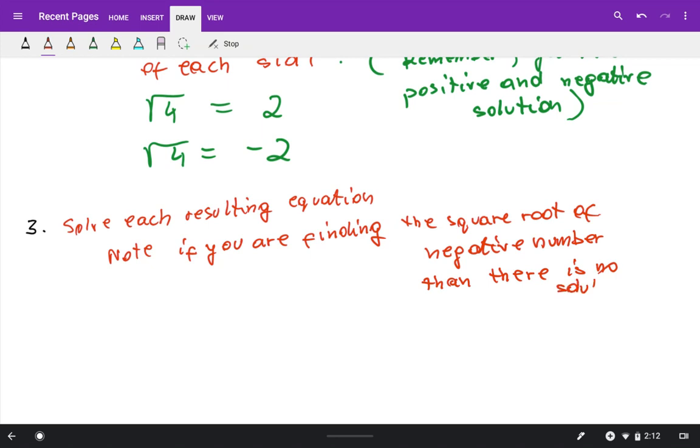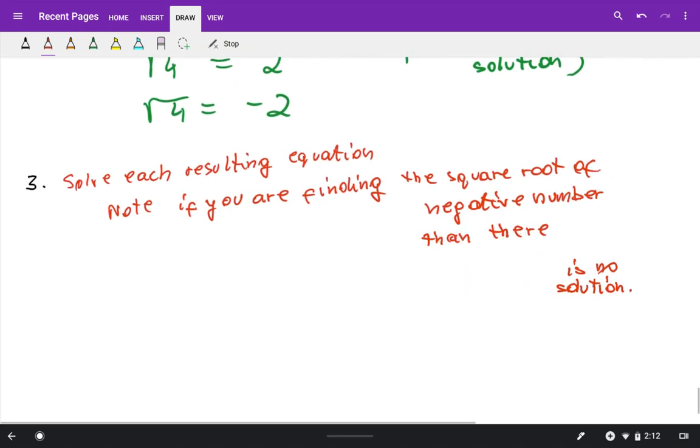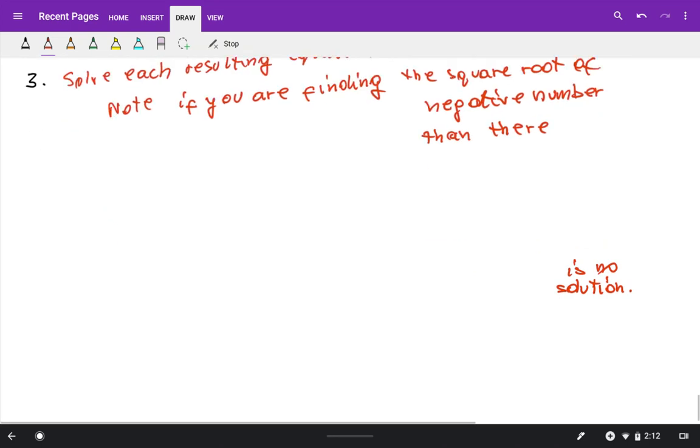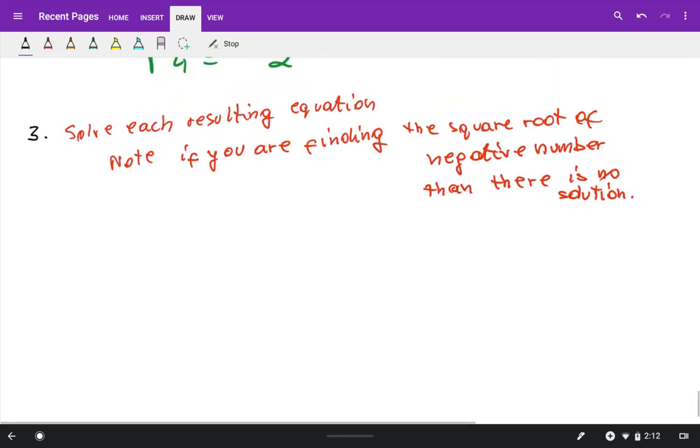Of course, you cannot take the square root of a negative. Okay, so now let's do some examples solving quadratic equations.